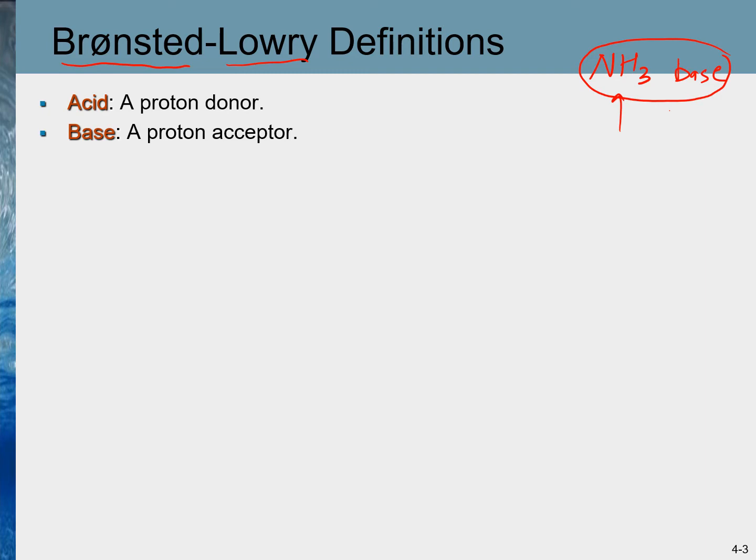Now, the Bronsted and Lowry definition is based on the transfer of H positive ion, and H positive ion is also known as a proton. Now, why is it known as a proton? Because hydrogen, the neutral atom of hydrogen, contains one proton in the nucleus and one electron around it.